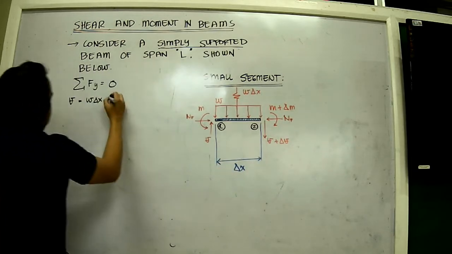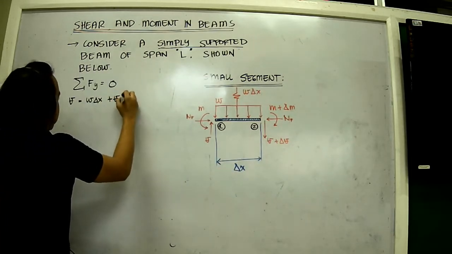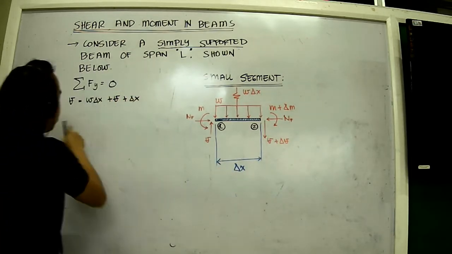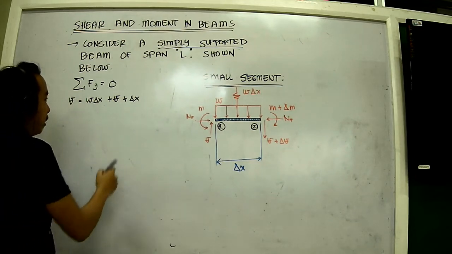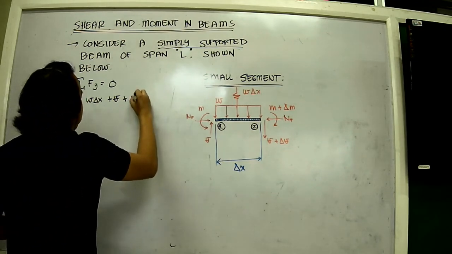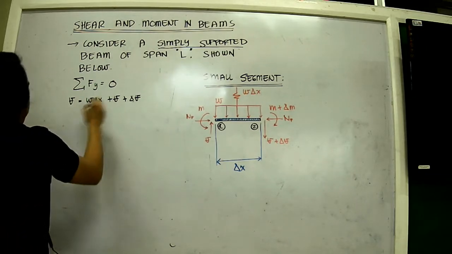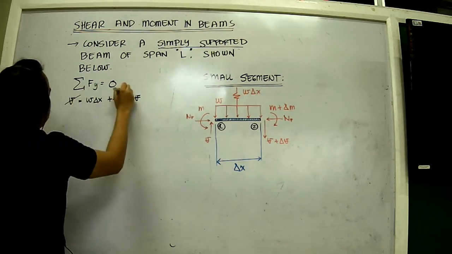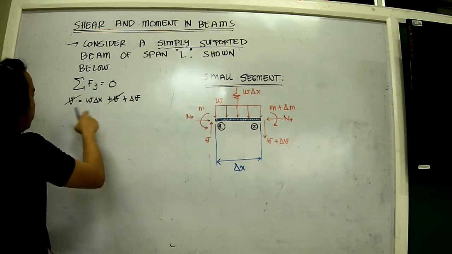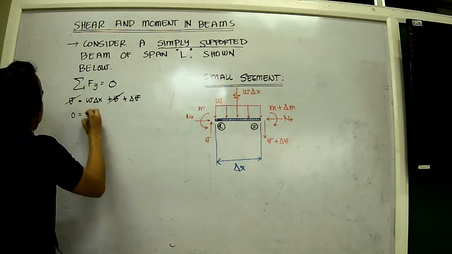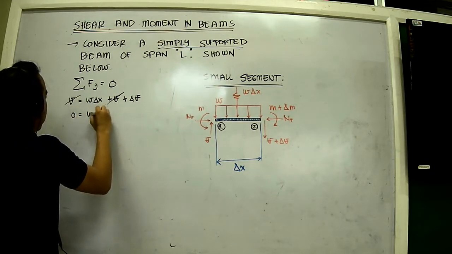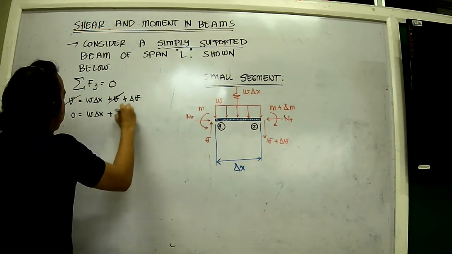This is equal to the other V. V and V cancel out, leaving us with 0 is equal to W delta x plus delta V.